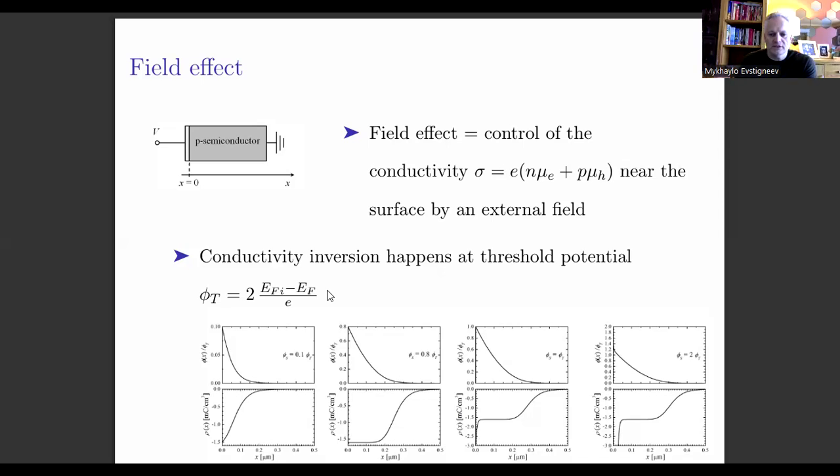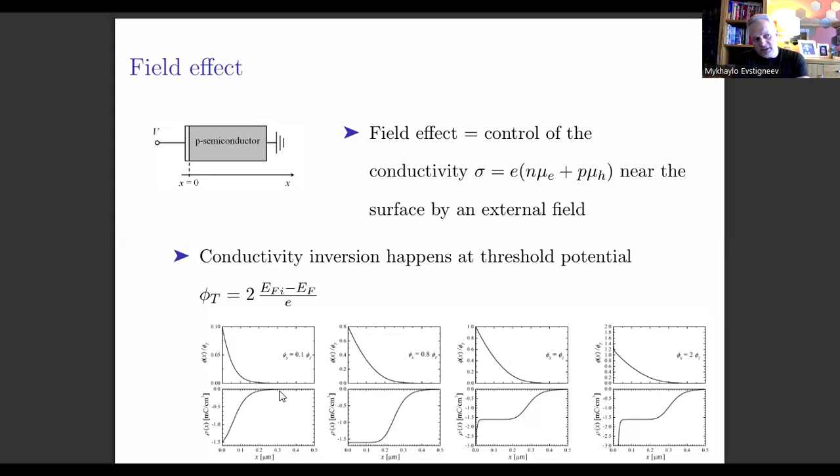If the surface potential is relatively low, smaller than the thermal voltage, then you can use Debye screening theory to find that the electric potential decreases exponentially from the surface value to 0 in the bulk, and the rate at which it decreases, the characteristic screening length, is the Debye length.